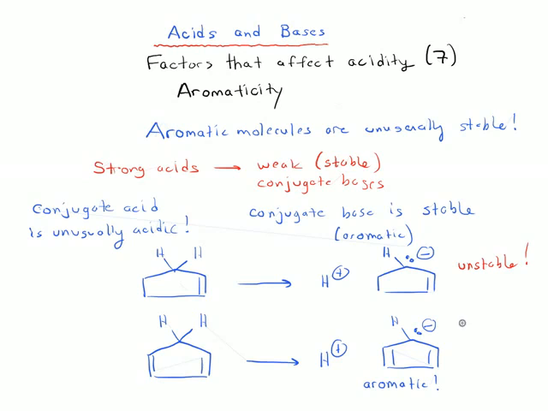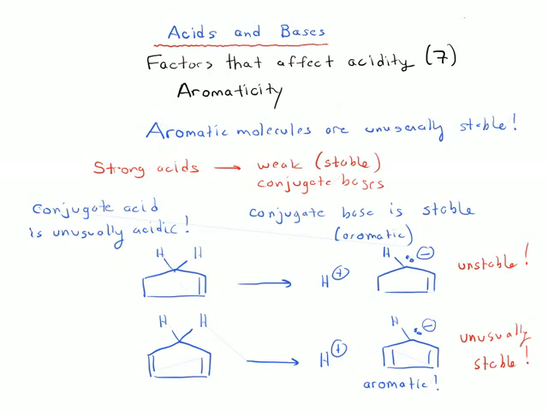So this conjugate base here is unusually stable. How would we expect this to affect the acidity of these molecules on the left? Which of these 2 molecules do you think would be more acidic? The one that gives us this unstable conjugate base on the top, or the one that gives us the fairly stable conjugate base on the bottom?